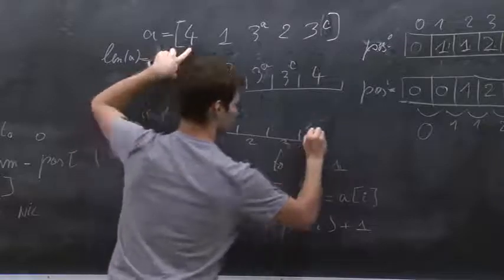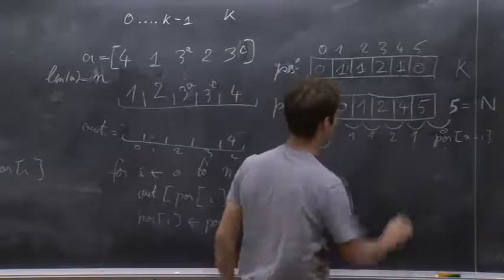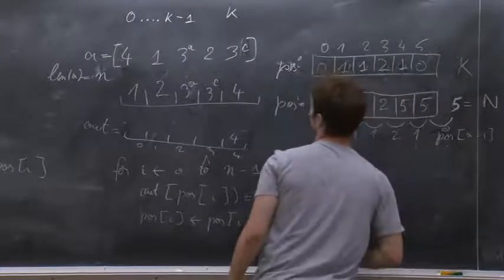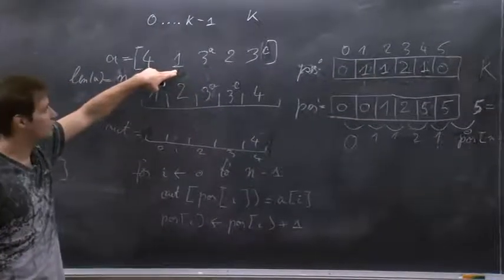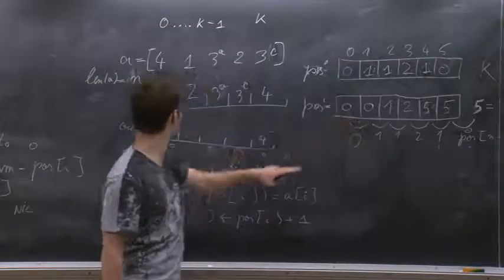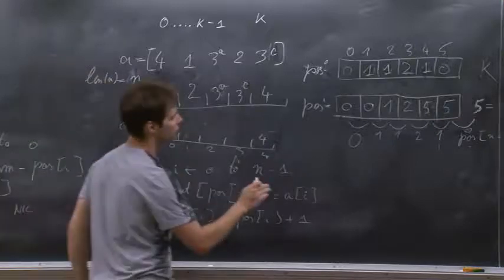So at 4, I write 4. And then I increment this guy to become 5. Then I get 1. So I look at pos of 1, and that is 0. So I'm going to write 1 at position 0, and I'm going to increment it.